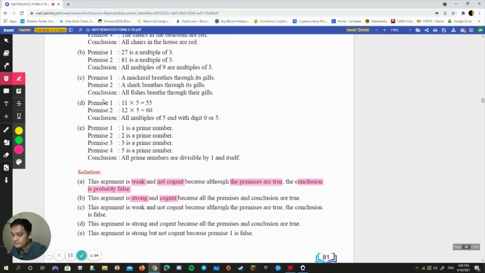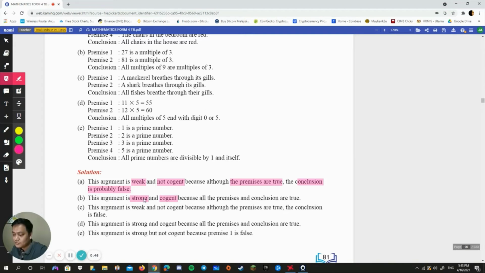Then you look at C. Premise 1, a mackerel breathes through its gills. Premise 2, a shark breathes through its gills. And the conclusion, all fish breathe through their gills.